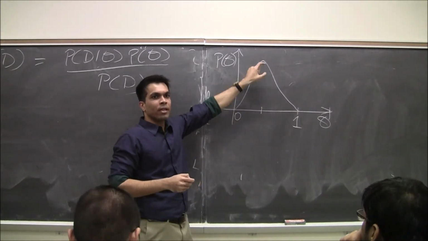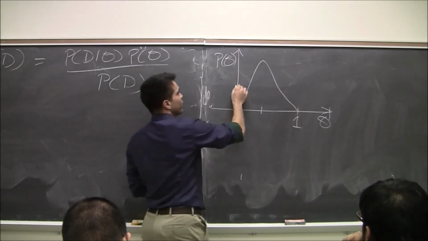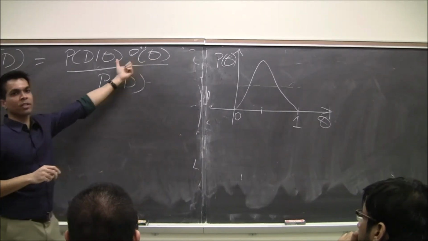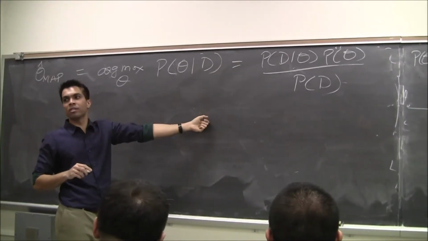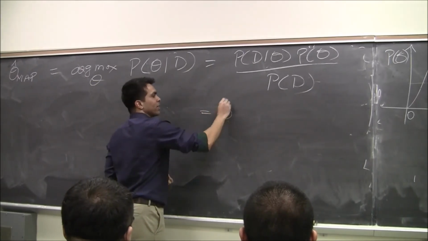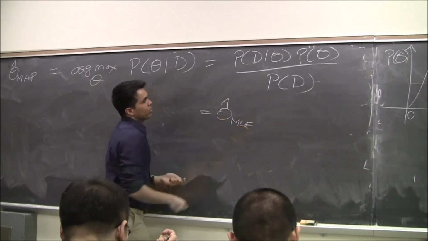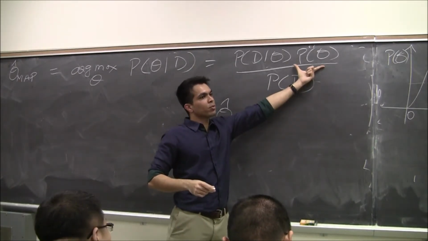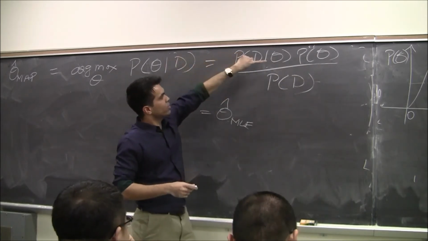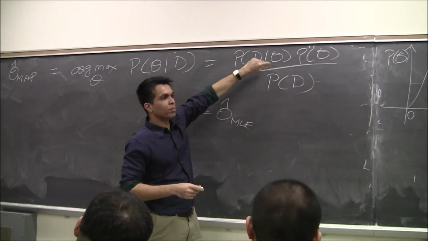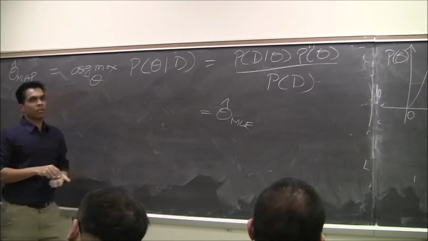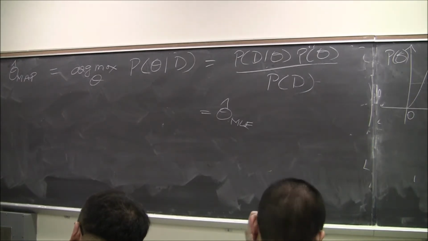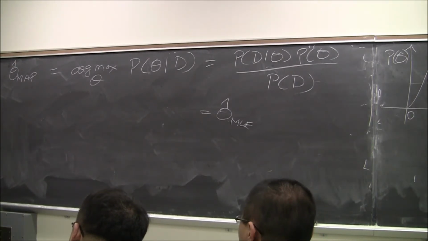The thing to immediately notice is if your density function is constant, if P of theta is a constant, what is this reduced to? It's theta MLE. Because this quantity is constant with respect to theta, and this quantity is now also constant with respect to theta, so the argmax is only happening because of this. Does that make sense? Okay. In our particular, let's see, this.